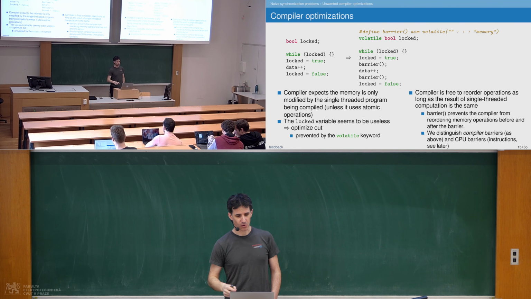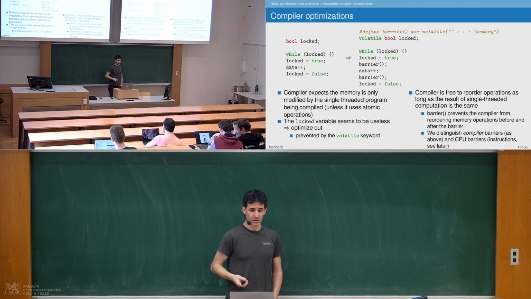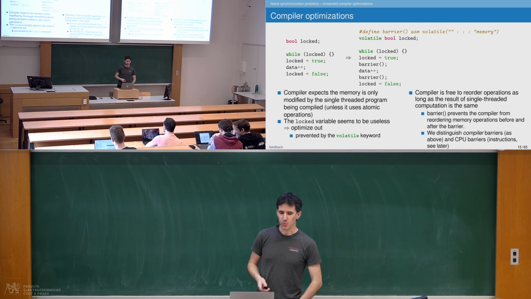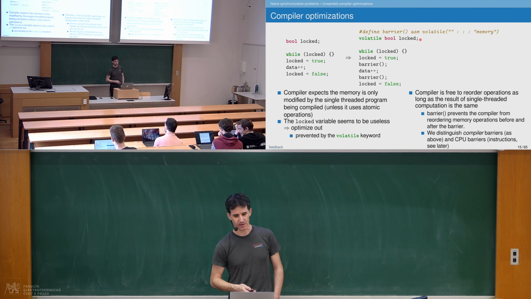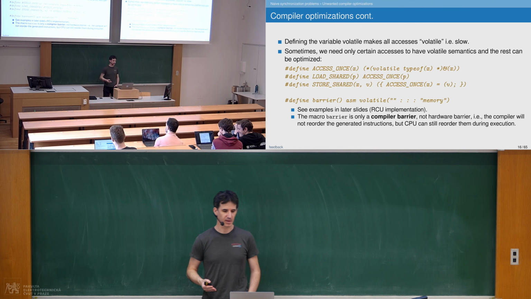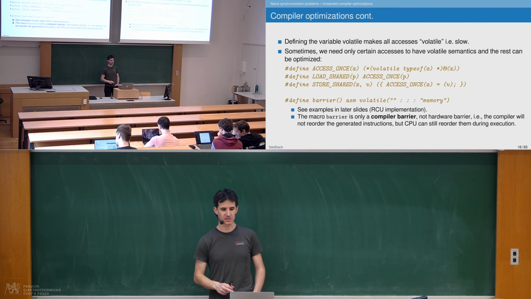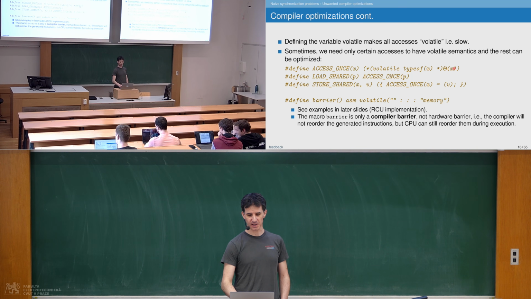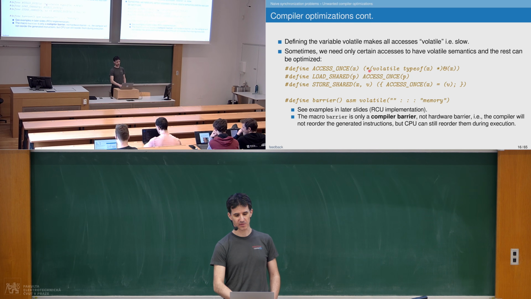Don't do that for everything, because if all memory accesses are volatile, everything will become slow. In many cases, you don't need all memory accesses to this locked variable to be volatile. We will use that later in the lecture, where we will use macros named like ACCESS_ONCE, load shared, or store shared. As you can see, those macros are implemented so that you have some variable x, you create a pointer to that variable, you typecast the pointer to a pointer to a volatile variable, and then you dereference the pointer.